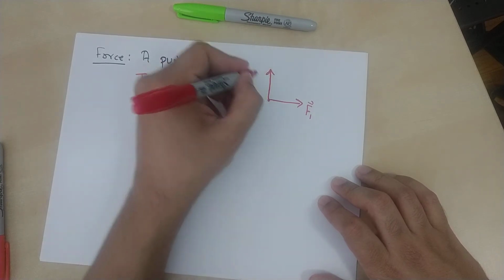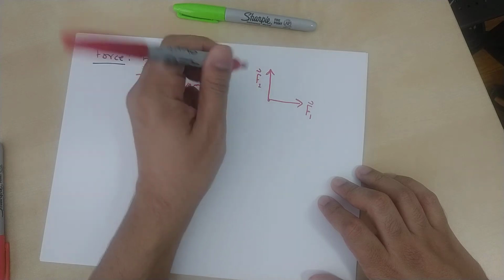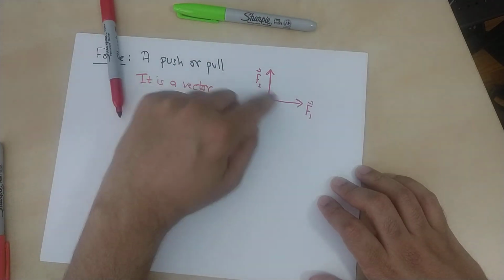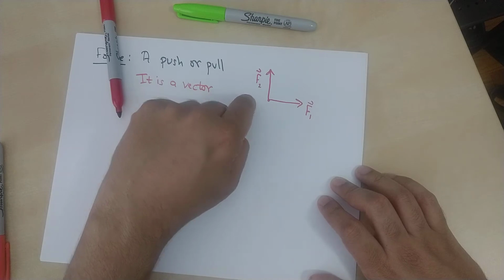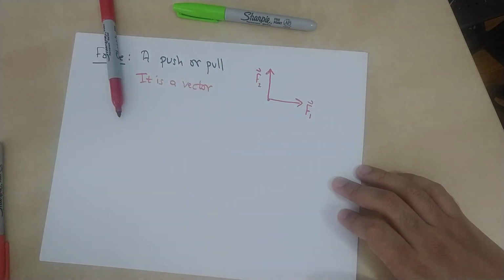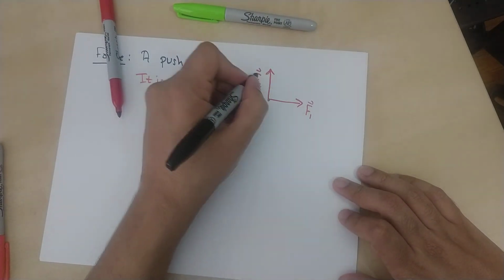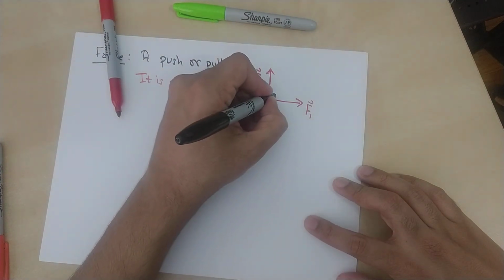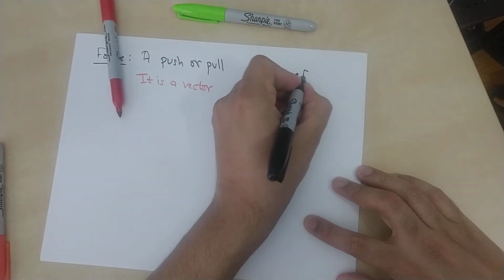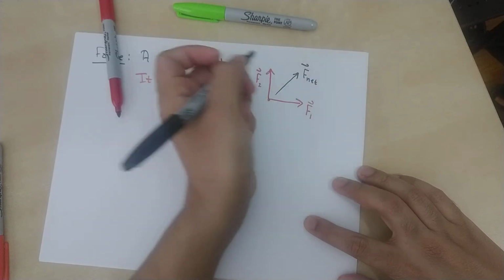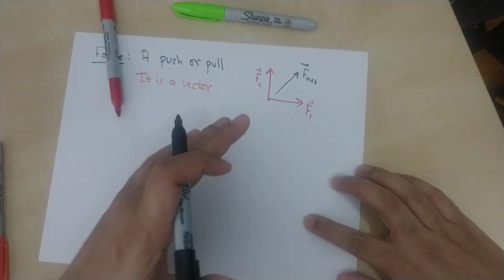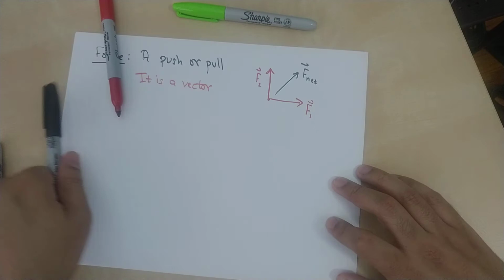The net force is going to be the sum of these two forces, somewhere in this direction, and so the object is going to move in the direction of the net force.